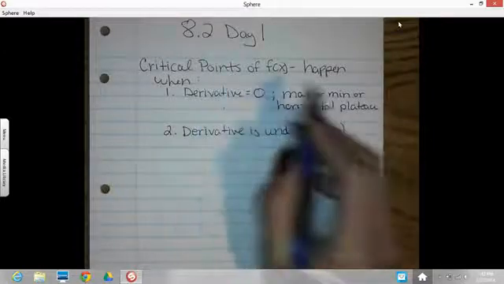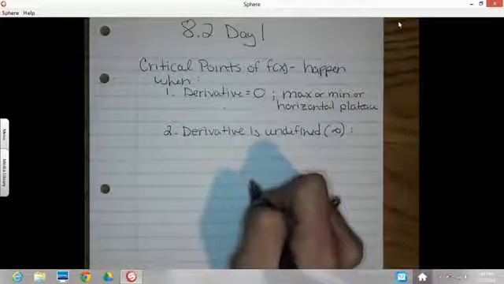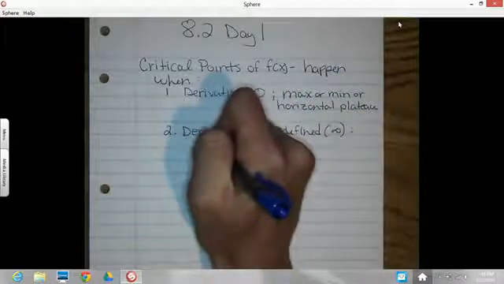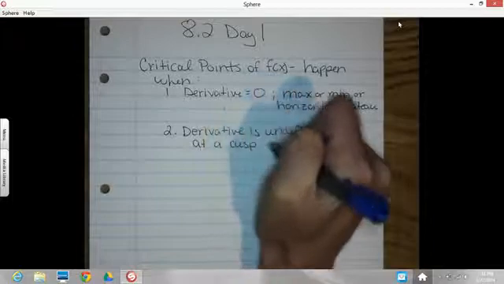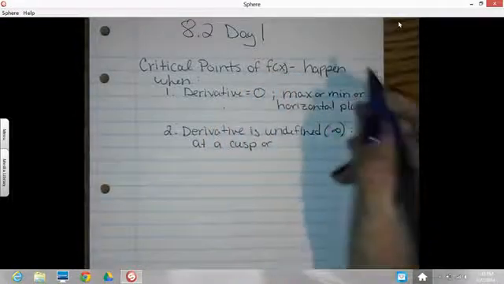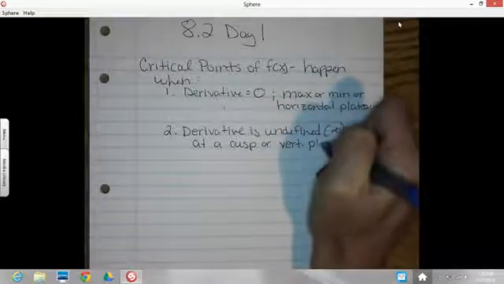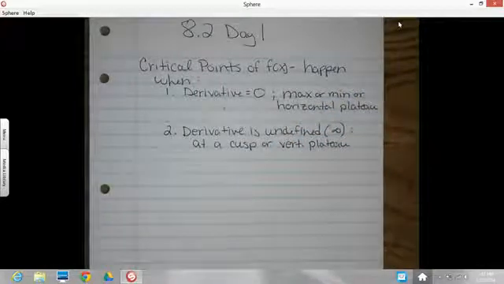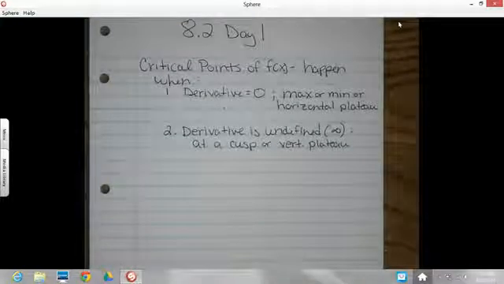That happens at, and you know one of these, a cusp, or, and one you don't know, is a vertical plateau. So there's 2 spots where the derivative is undefined, cusp or vertical plateau. On a continuous graph, obviously at a vertical asymptote too, but we're not talking that. We're talking continuous functions.